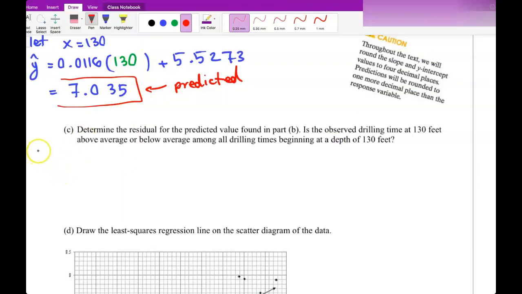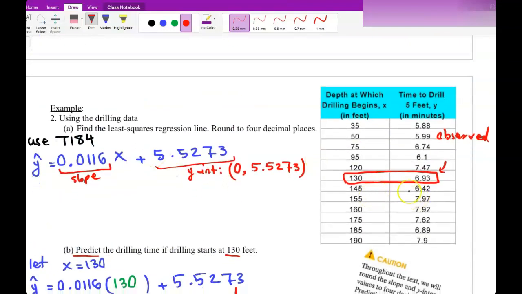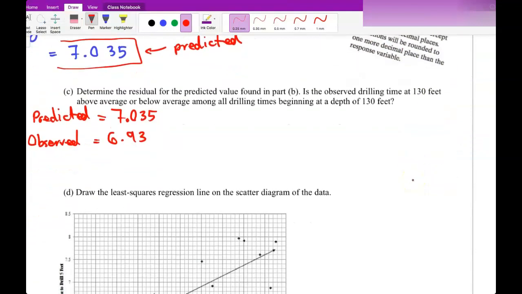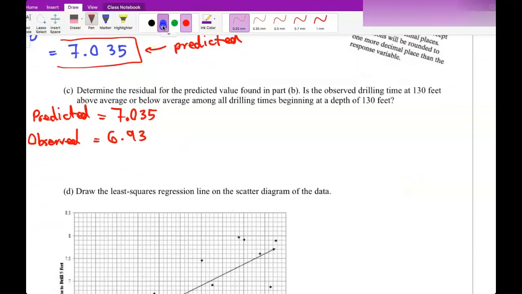So from the previous part, we know predicted is 7.035 and observed from the table is 6.93. Now find the residual.